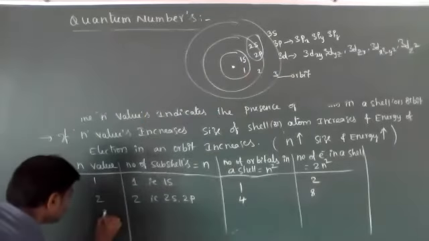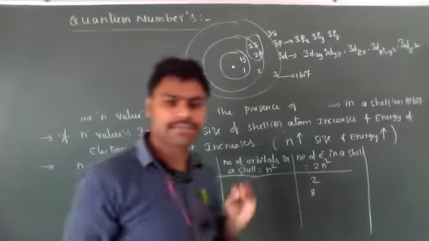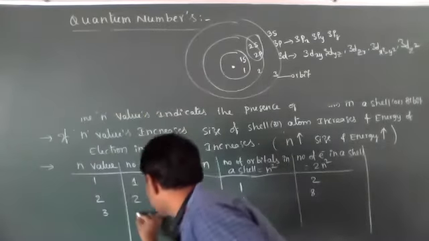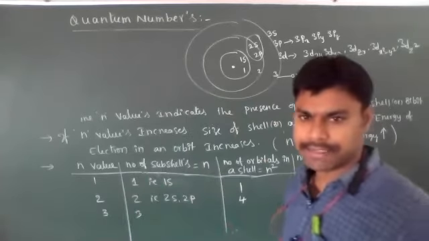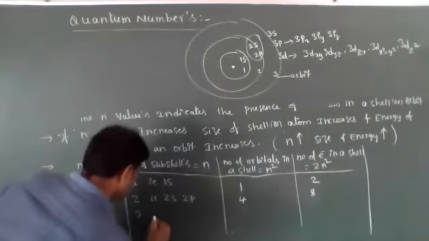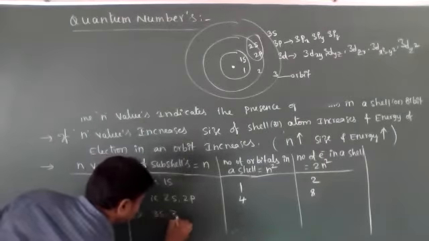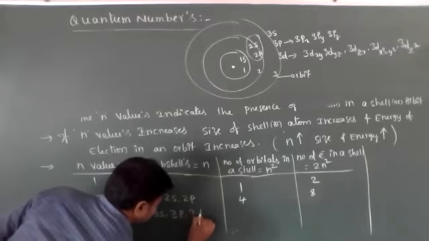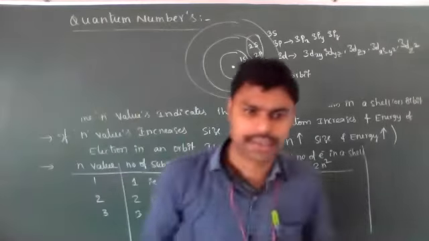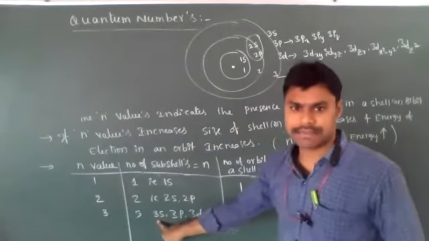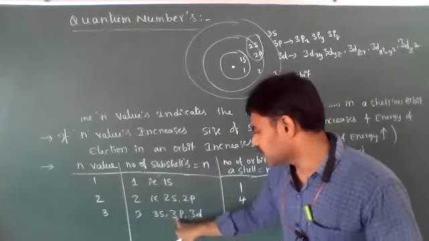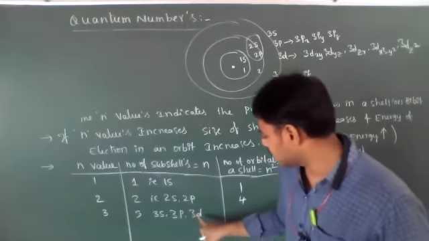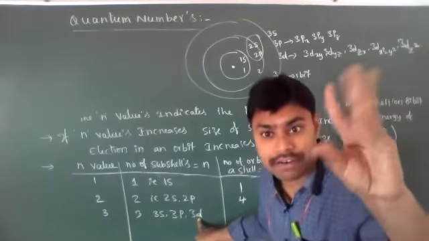Now n equal to 3, how many subshells are present? 3 subshells are present. What are those 3 subshells? 3s, 3p and 3d. The 3s subshell has only one orbital, 3p has 3 orbitals, and 3d has 5 orbitals.